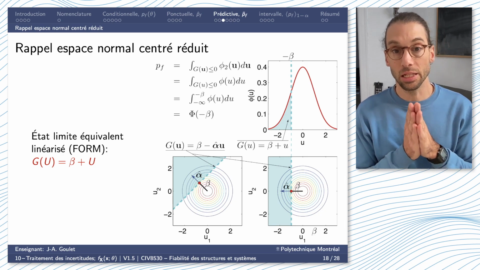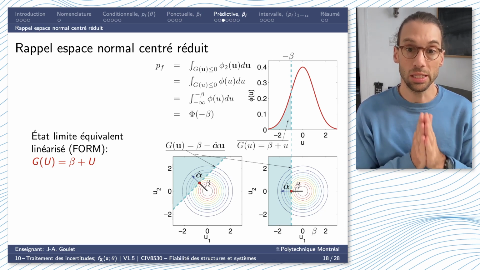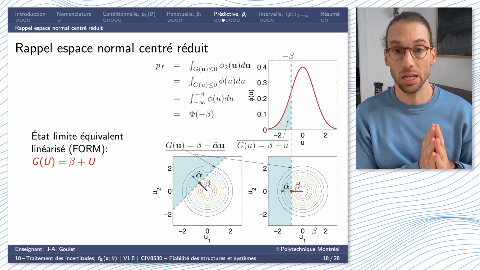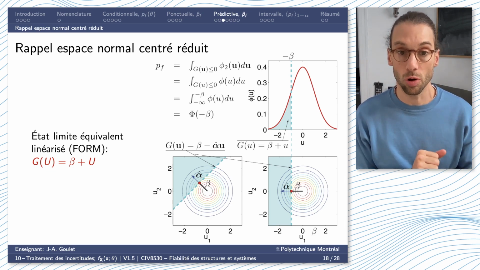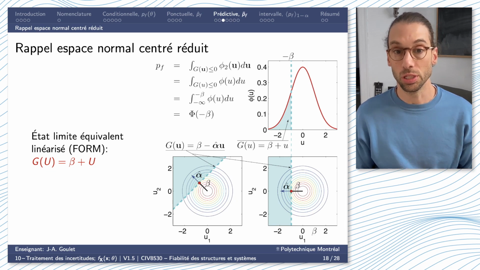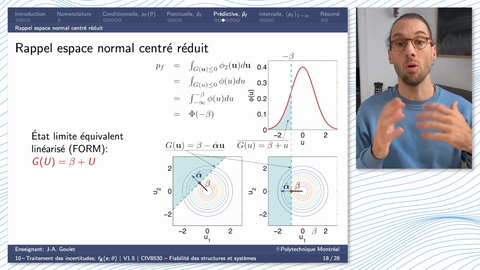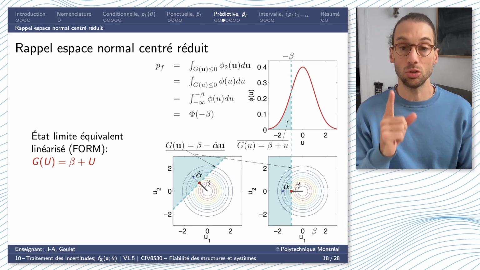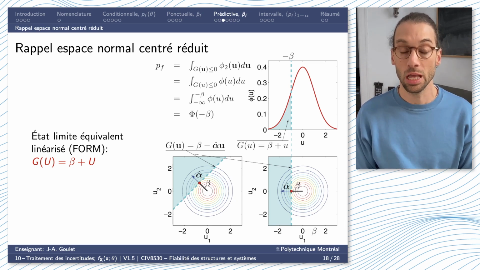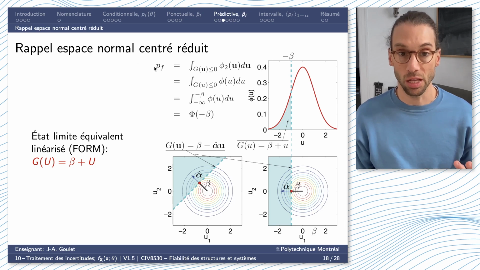And to see this, let's first review the standard normal space. What we've been using in FOSM, FORM, SORM, which is really our tool in order to reduce a multi-dimensional integral into a 1D integral that is entirely a function of beta, my reliability index. So we saw early on that my probability of failure is the integral.